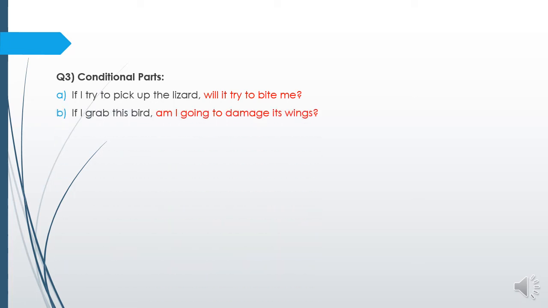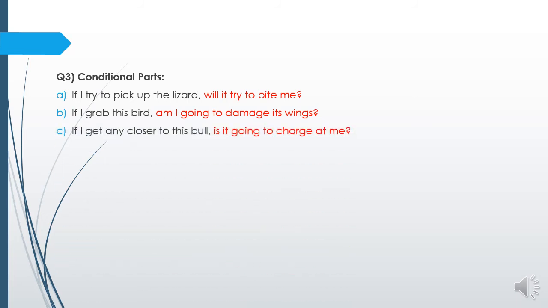Question 3, conditional parts. You have to match each letter to its appropriate counterpart. If I try to pick up a lizard, will it try to bite me? If I grab this bird, am I going to damage its wings? Bird and wings makes sense, right?